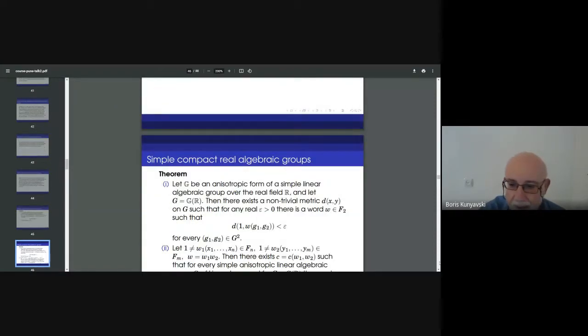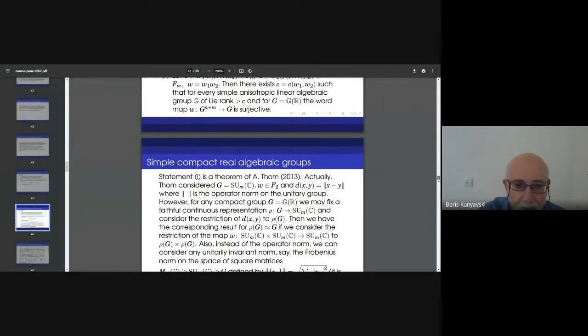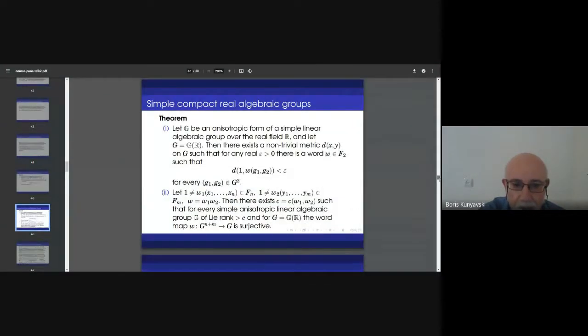On the other hand, the second theorem, which is due to Hui, Larsen, Shalev, says something positive, some almost surjectivity in a sense.